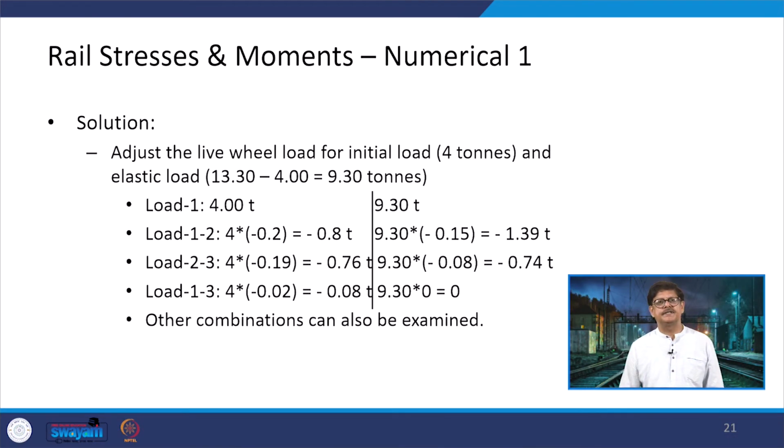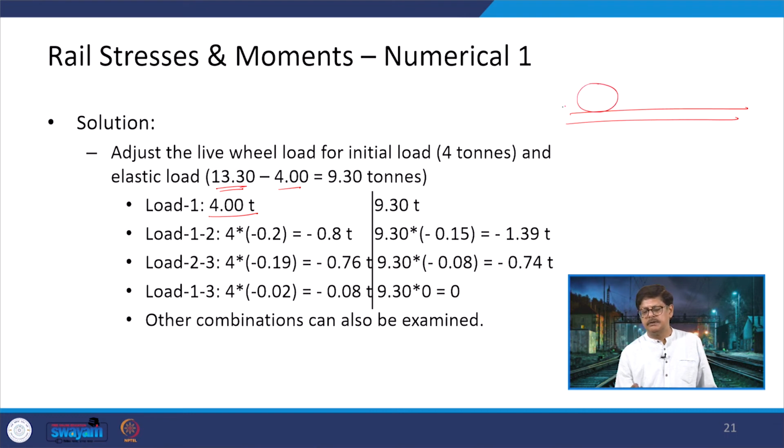So, here we are adjusting those live loads or the wheel loads with respect to the initial load of 4 tons and the elastic load, which is the augmented load minus 4, that is 9.3 tons. So, one value is being done for 4 and one is being done for 9.3. If you are talking about load 1, there is no interaction, the first wheel is there, number 1.